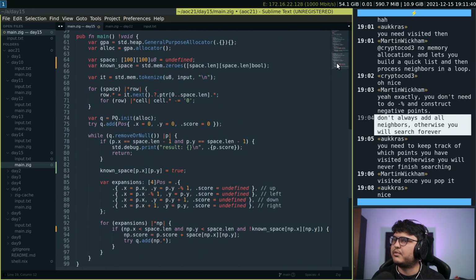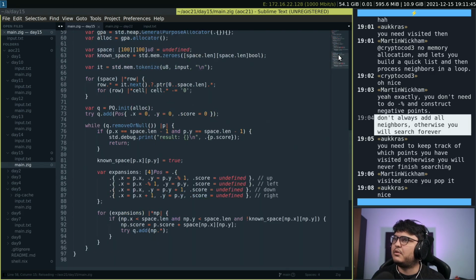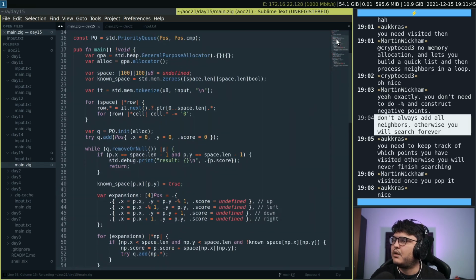So I want to call the one below main one. Okay, so let's say that our space is still this big and we still copy everything over. Although I think known space needs to be bigger at this point.